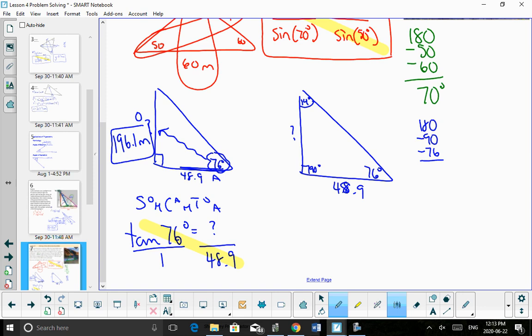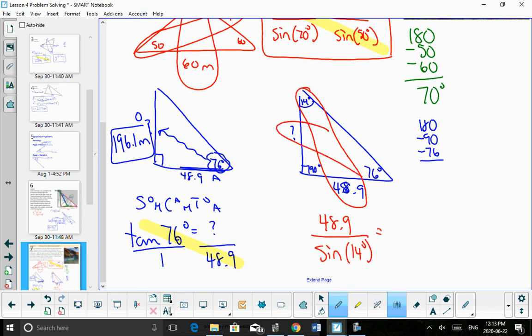What I have here is a full pair: side length over sine of its match equals half pair. So I can use sine law instead of SOHCAHTOA.